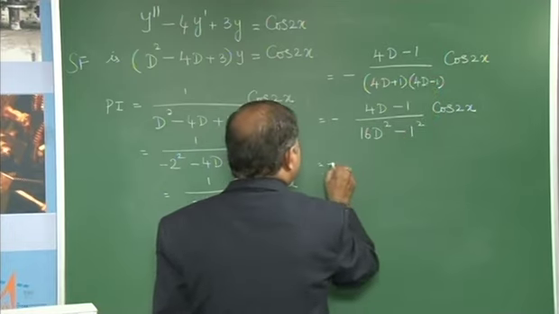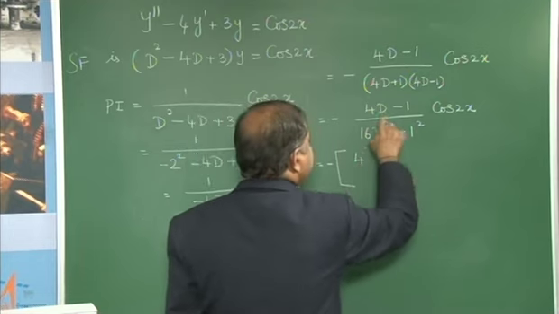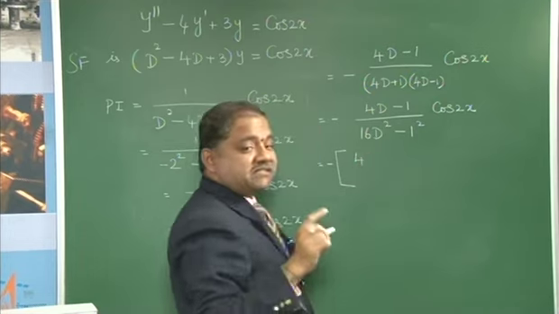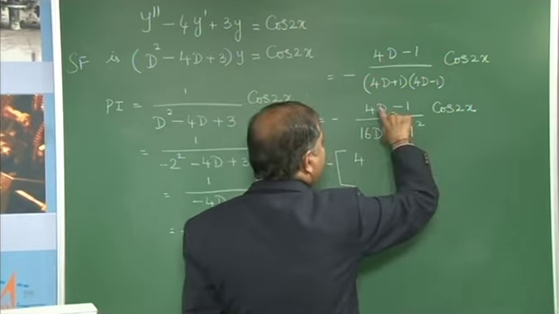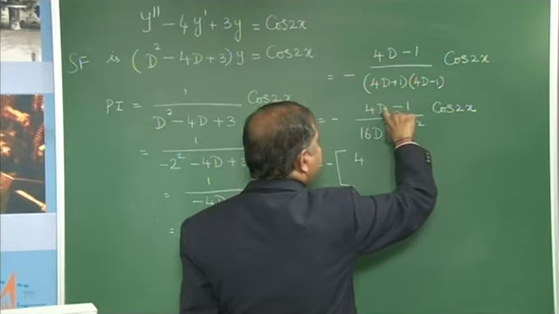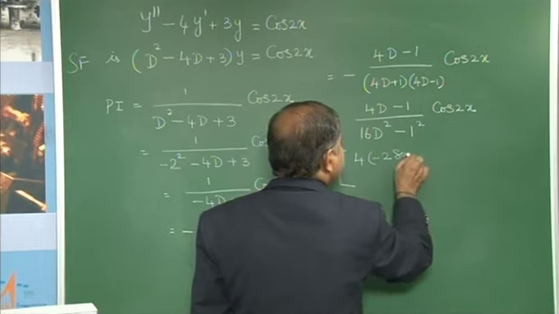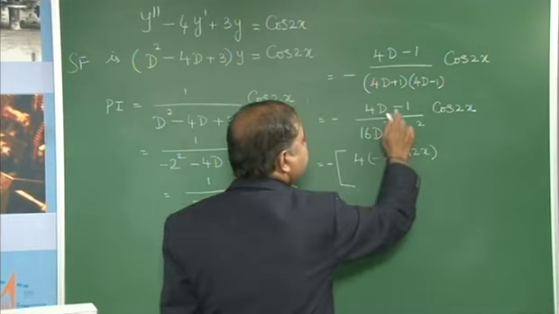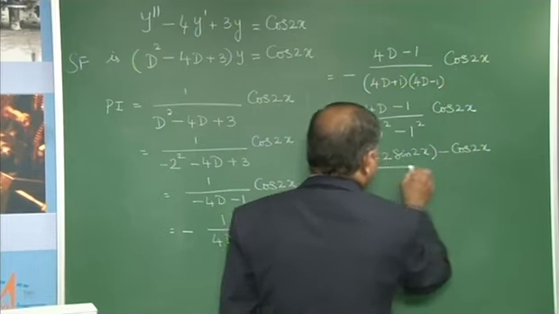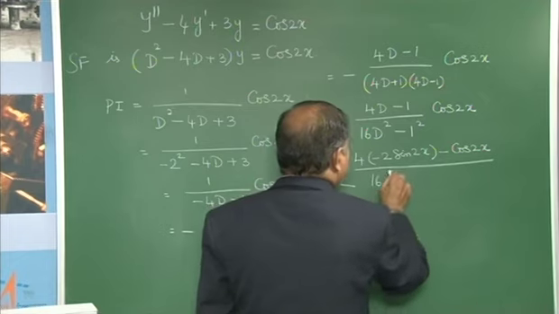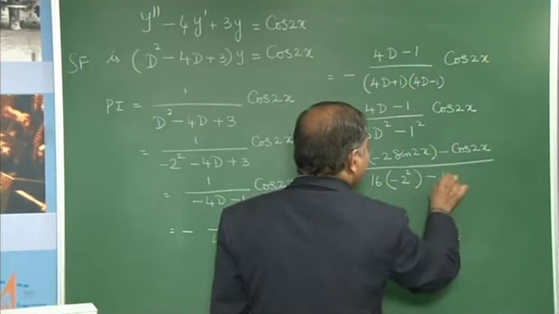Now, we do the process again. What is meant by d? Already we told, it is d by dx. So, differentiation of cos 2x: 4d of cos 2x, differentiation of cos 2x, which is minus 2 sin 2x, minus cos 2x divided by 16, again d squared is there, minus 2 squared minus 1 squared.